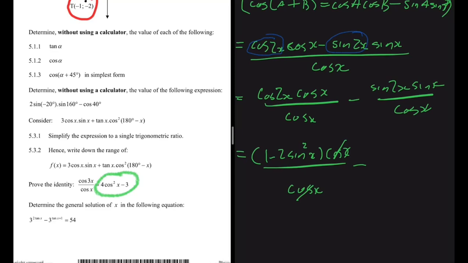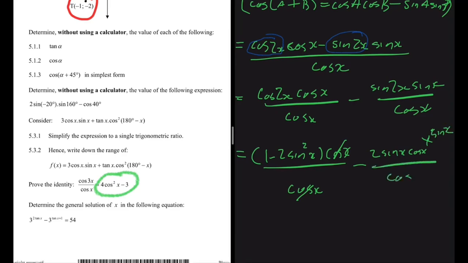And then minus sine of 2x multiplied by sine x divided by cos x. Let's change sine of 2x to something that has cos, so that the denominators can also cancel out, right? And then we know fully well that sine of 2x is equal to 2 sine of x cos of x, and then we're still multiplying by sine of x, right? I'm just running out of space.